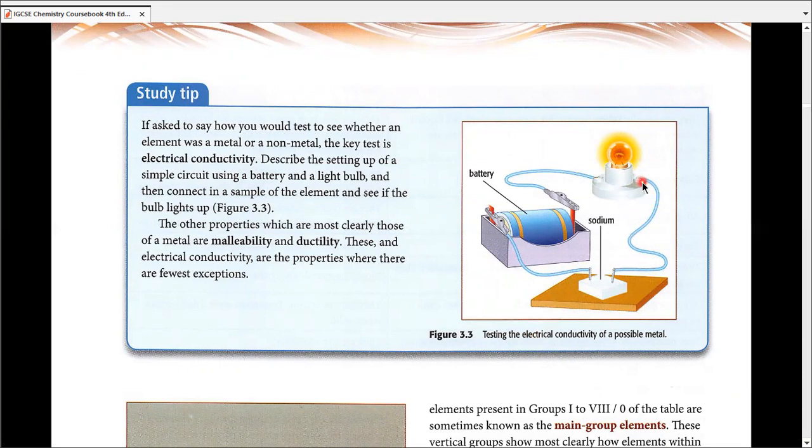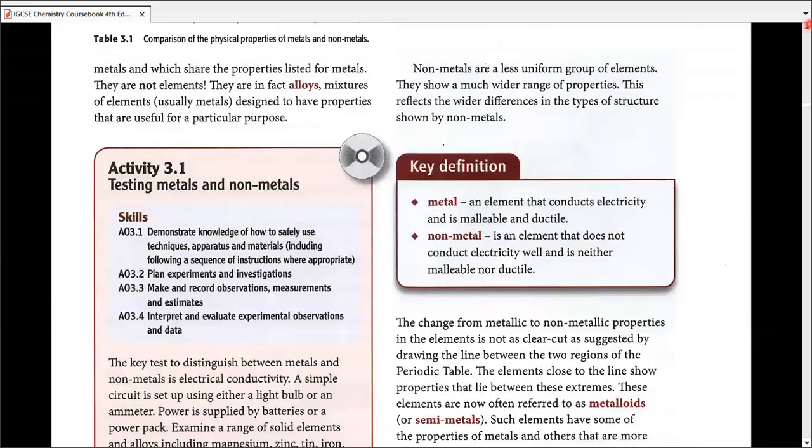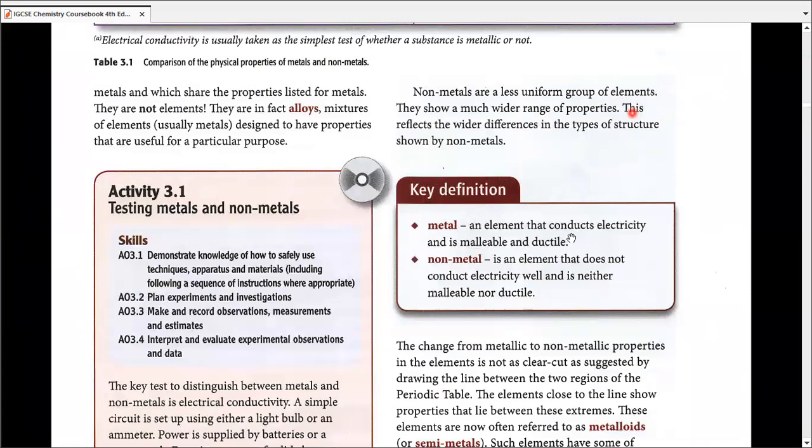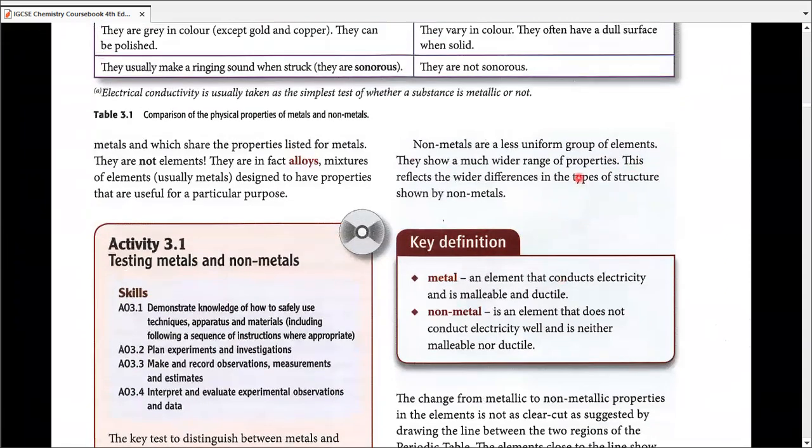Take a bulb, wire it through a switch, pass it through a battery, put it in between the metal, right in those rods or switches, and if the bulb lights up, it's a metal. If it doesn't, it's a non-metal, and that's the way we check a metal. There are other properties, but we don't go with those properties first. We always check it with electrical conductivity, and this has been a part of past papers, so make sure you prefer it too.